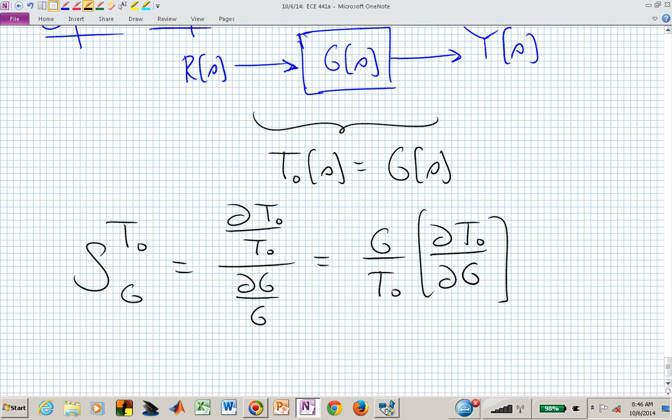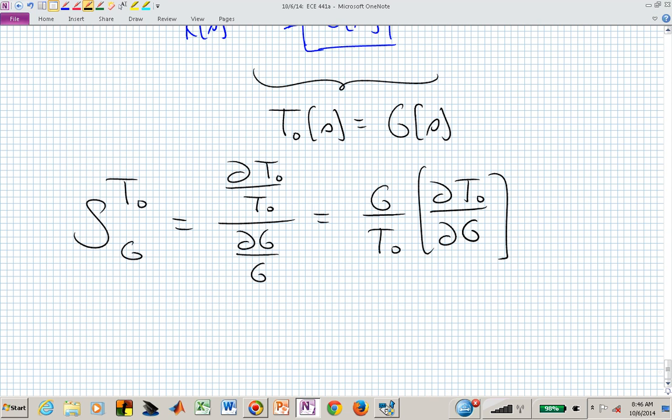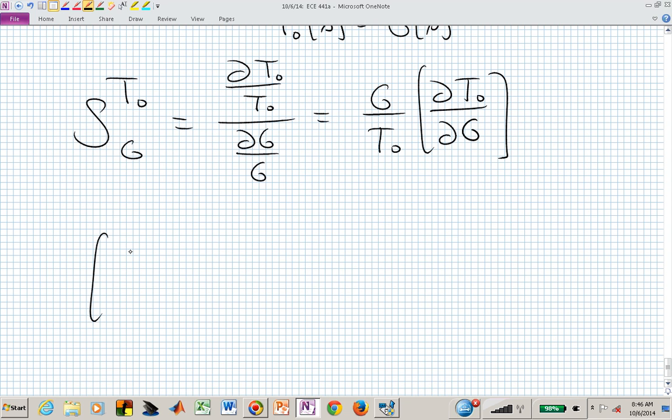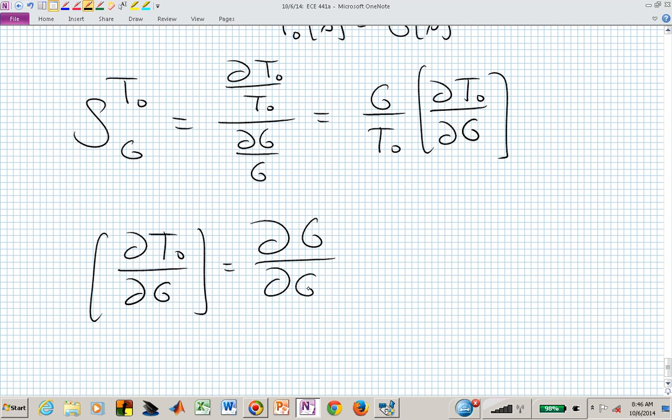But we can now compute that partial of T naught with respect to G. If we treat T naught, our open loop transfer function, what is that expression? T naught, we said, was just G. And what's the partial of G with respect to G? 1.